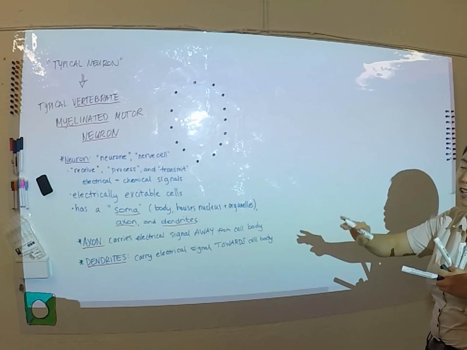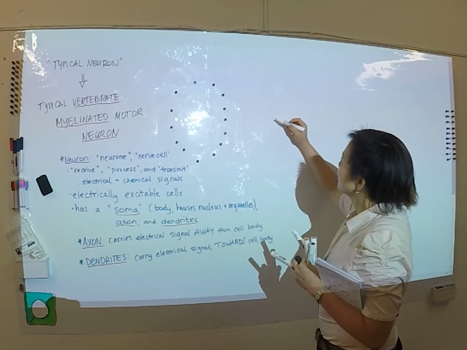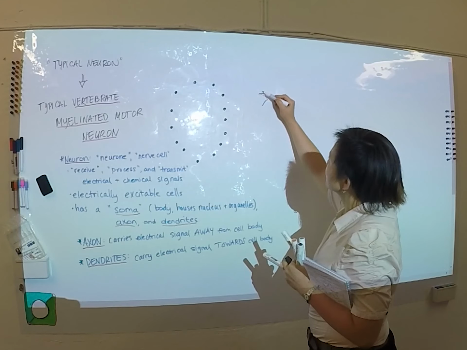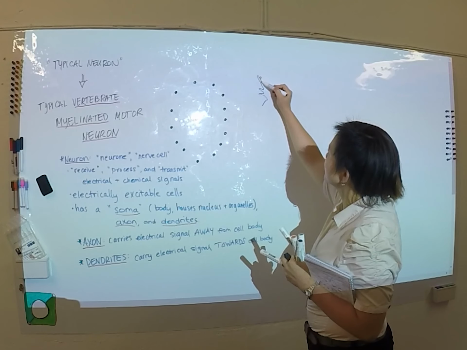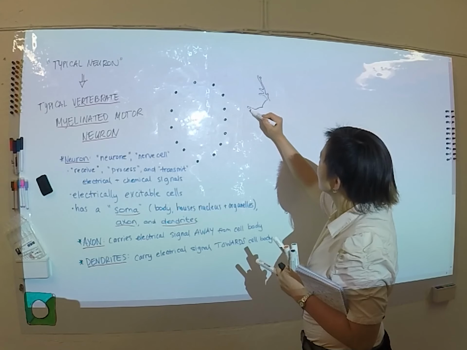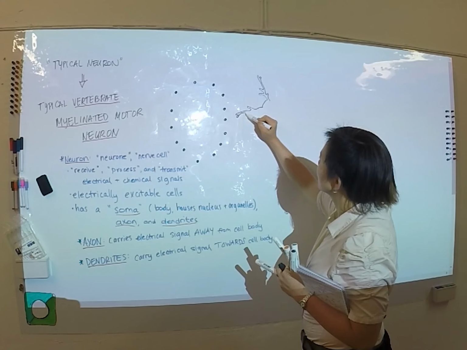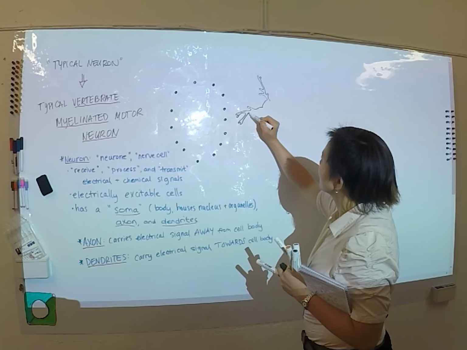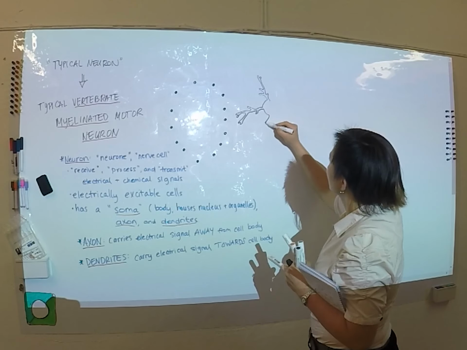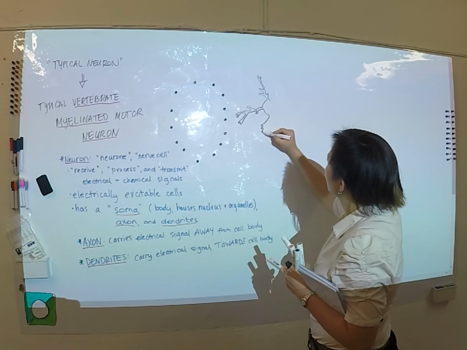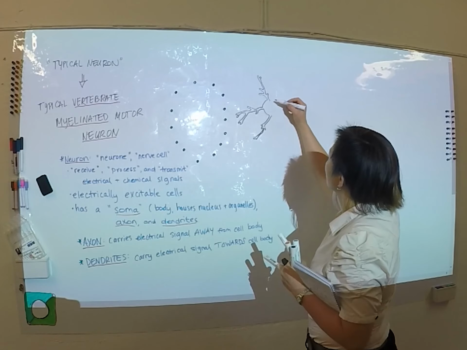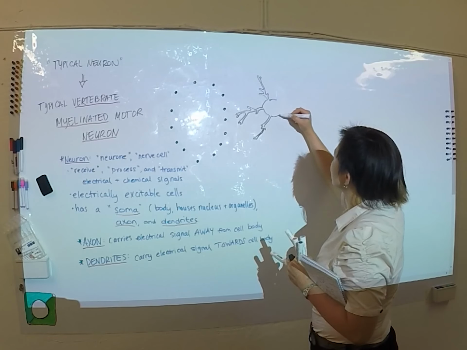Now that we have some of our parts defined. Okay, so let's first draw the soma with some dendrites coming off of it. They look kind of like little monsters, little aliens.